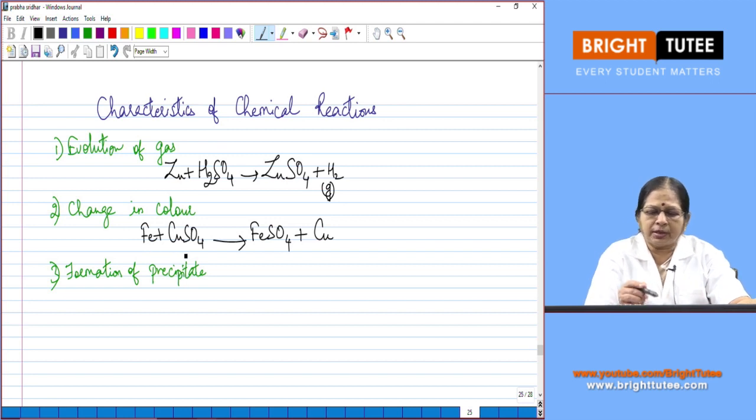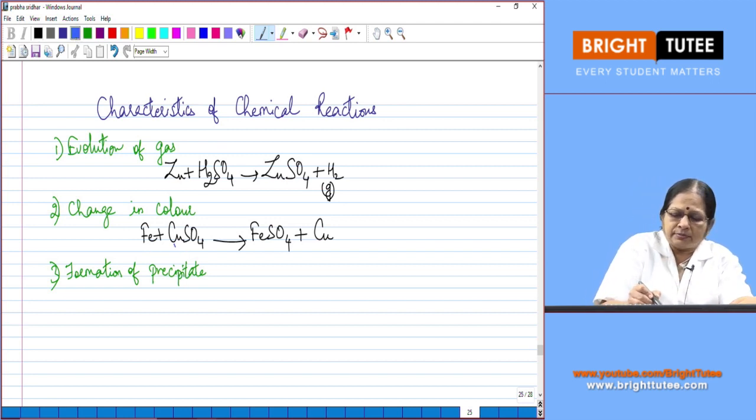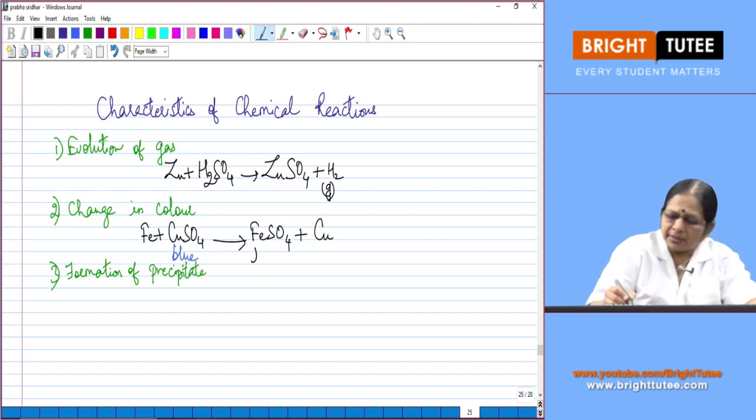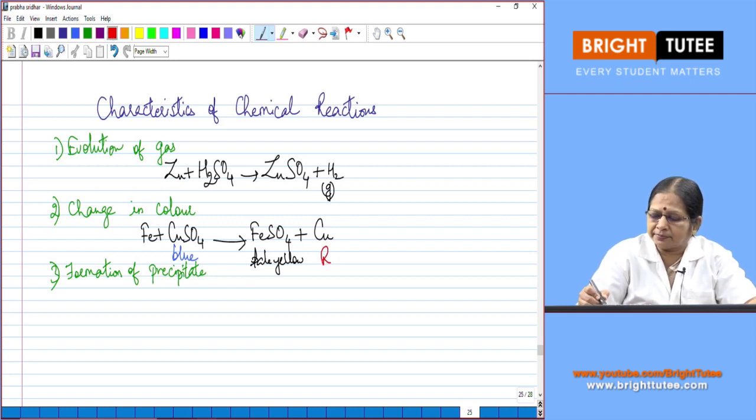Copper sulfate, a blue colored solution, is added to it. This is blue. When the reaction happens, this becomes a pale blue, pale yellow or straw colored solution, pale yellow, and this is reddish brown.